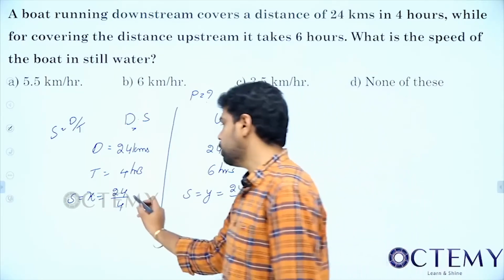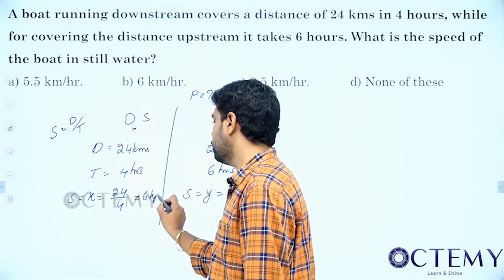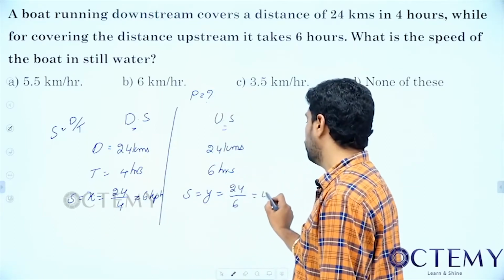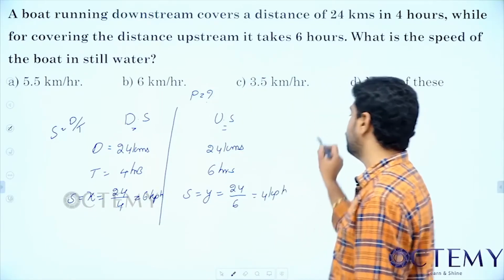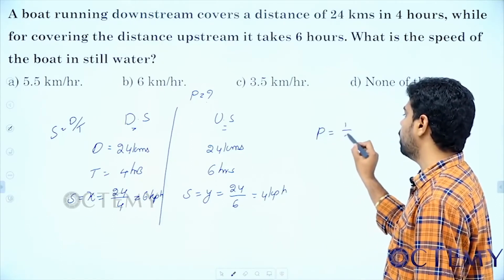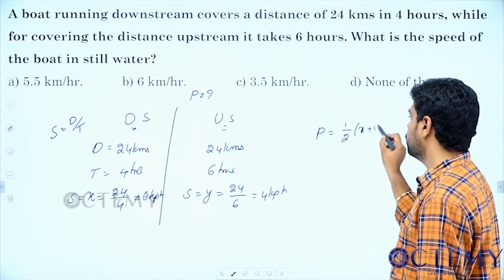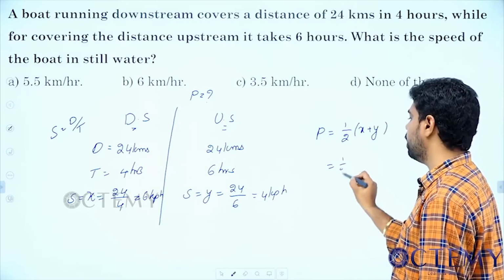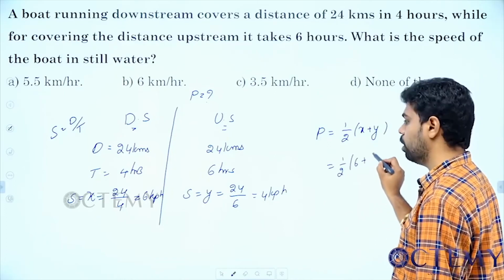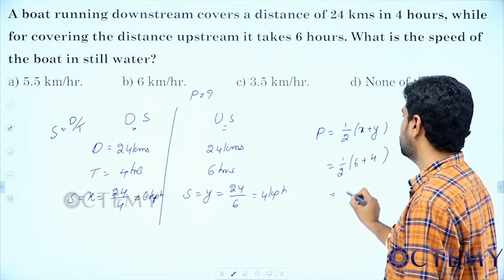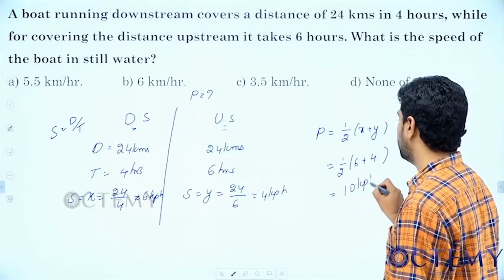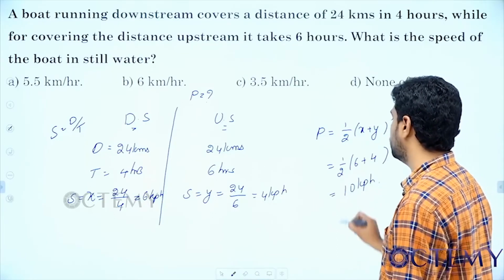Okay. So this is how much? 6 km per hour. This is 4 km per hour. So what should we find out? P. P is nothing but half into x plus y. So what is half into x plus y? Half into 6 plus 4. So 6 plus 4, that is 10. Sorry, 5 km per hour.